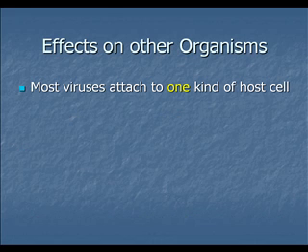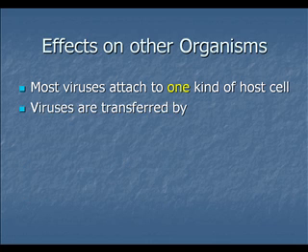The effects on organisms: most viruses can only attach to one kind of host cell. The proteins on the outer shell of a virus will, in general, only allow it to enter one type of cell. So, for example, the disease AIDS will only attack white blood cells. It will not attack red blood cells. Most viruses are transferred by air.